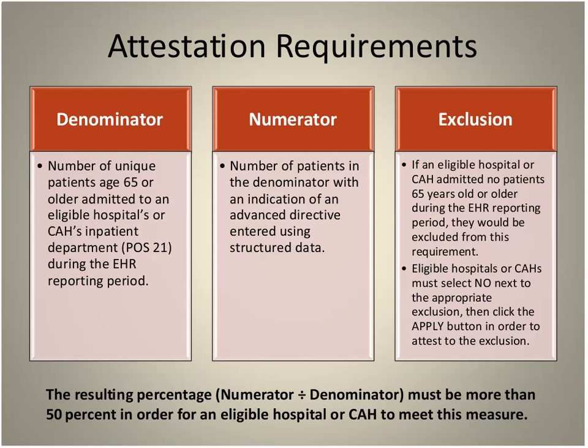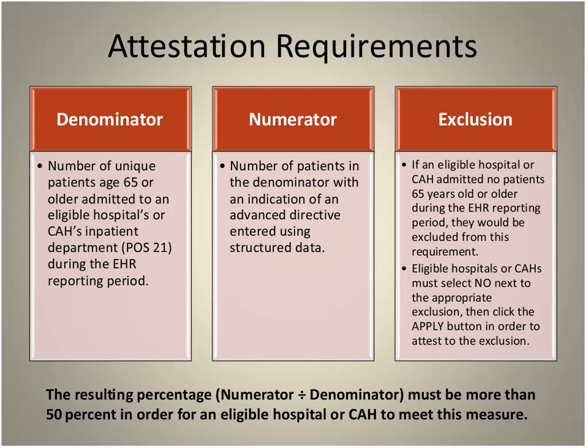Again, very similar denominator approach of the number of unique patients, 65 years or older, and they are admitted in the inpatient department. Again, that's a difference here from some of the other measures. And so that's the denominator. The numerator would be that we've captured the status of the advanced directive as structured data in the patient's electronic health record that's in the certified system.